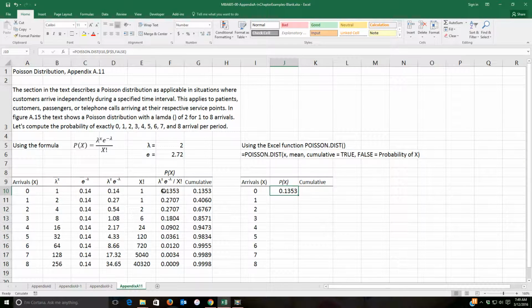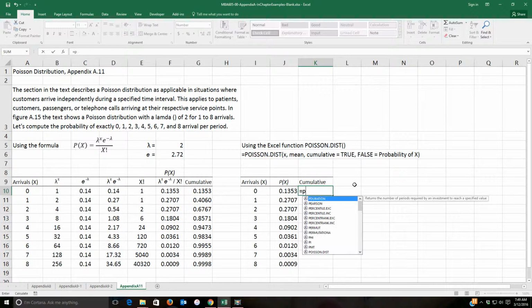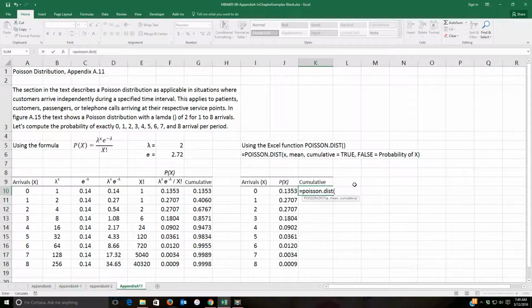You'll notice that it matches. And if I copy that down, you'll notice that each of these instances all the way down match our calculation here. Now, to find the cumulative using the Poisson.dist function in Excel, we just take Poisson.dist. We get our x value again.